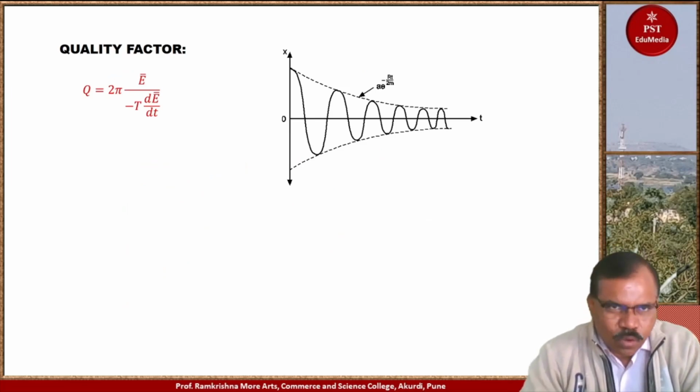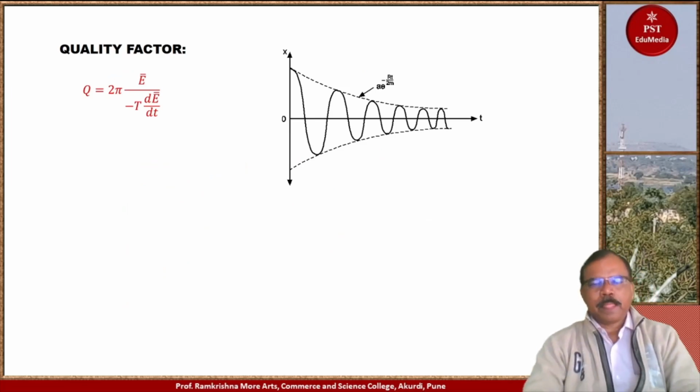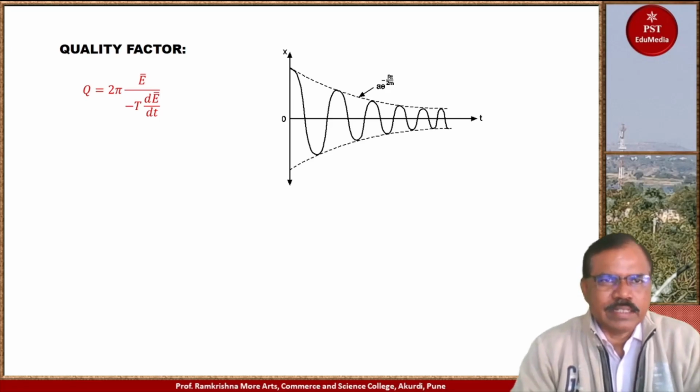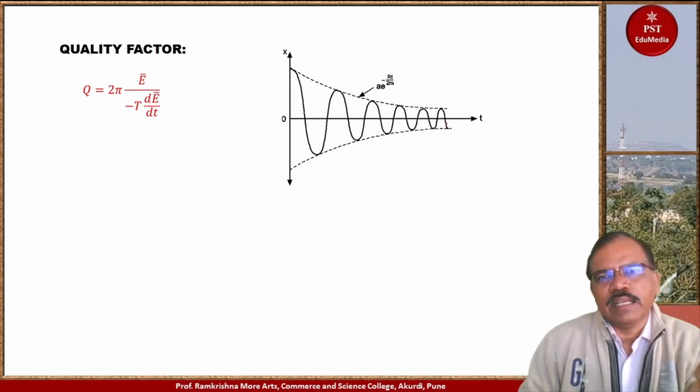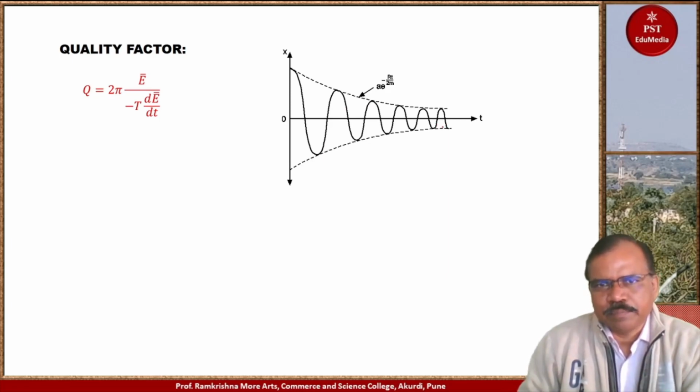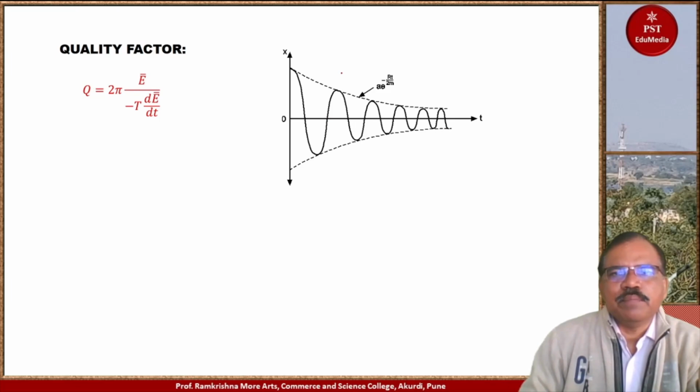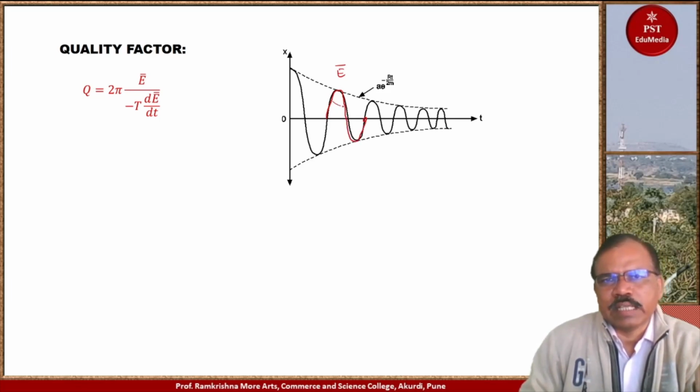Now we will define quality factor. What is quality factor? Now we know the amplitude of the oscillator decreases with time. So energy decreases with time, and E bar is the average energy stored in the oscillator in one cycle. Over one cycle also energy decreases, so we take the average energy over one cycle.